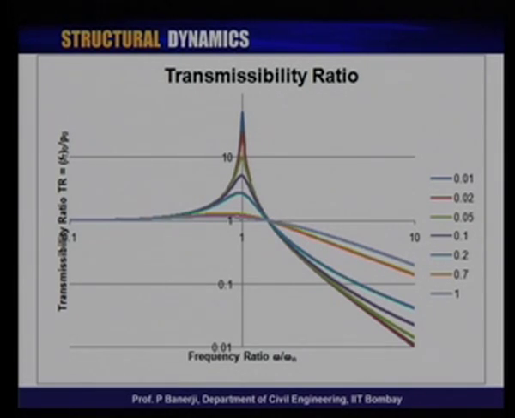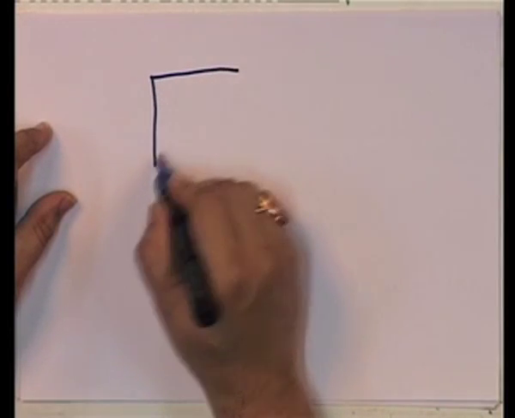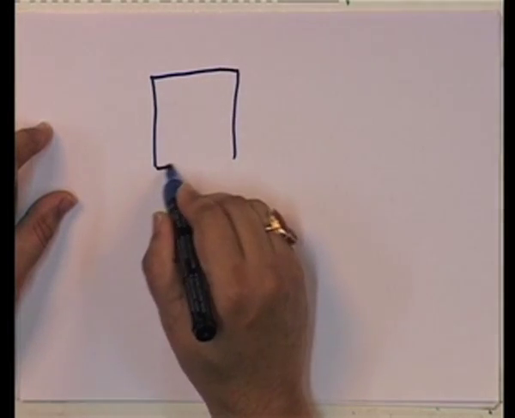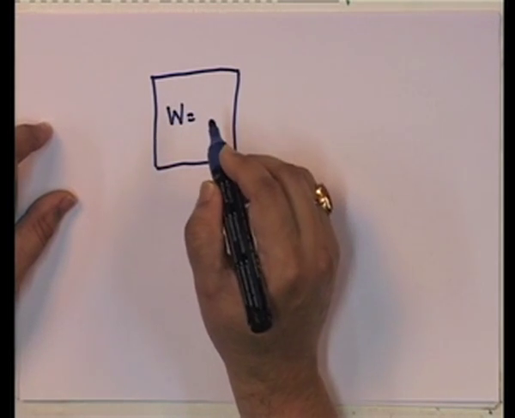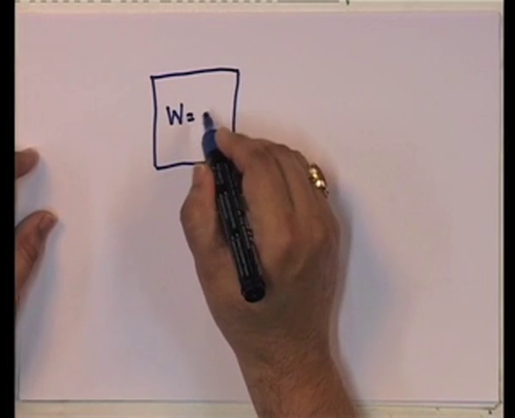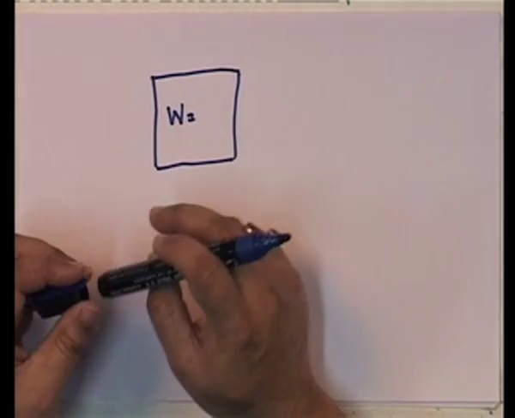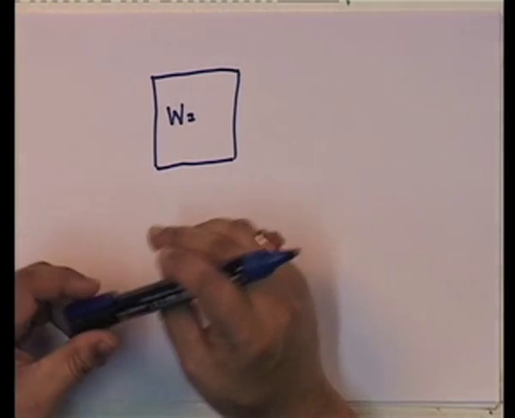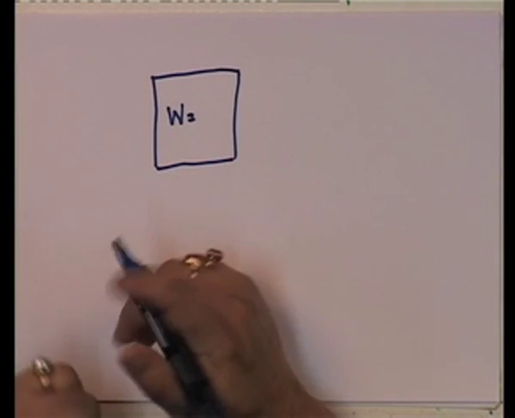So, let me take a particular problem that I have. I have machinery whose weight is, note that typically we say weight is 2 tons, it is wrong, because weight is a force, and in SI units force is always kilonewtons.